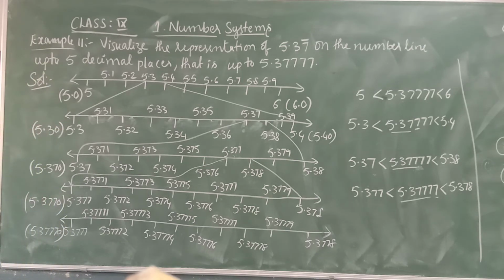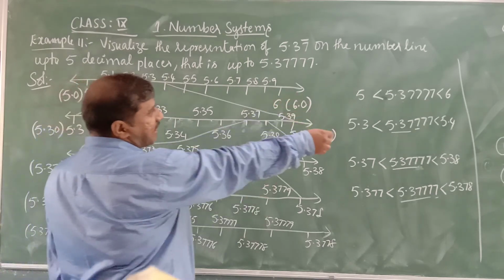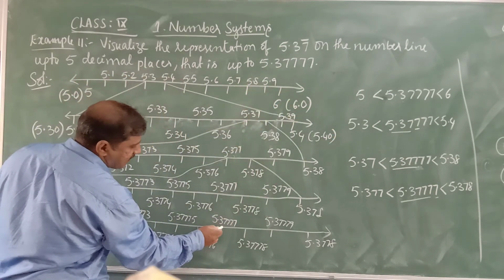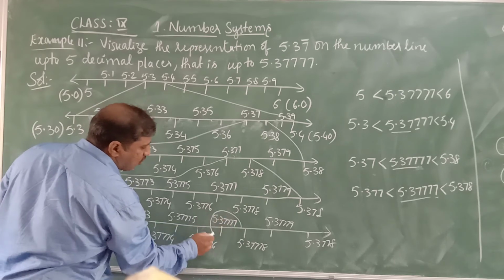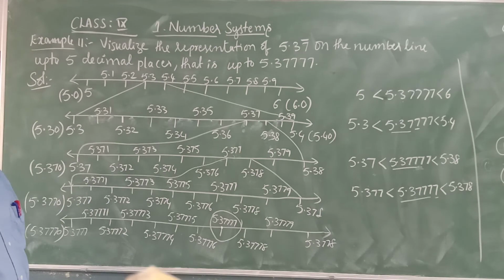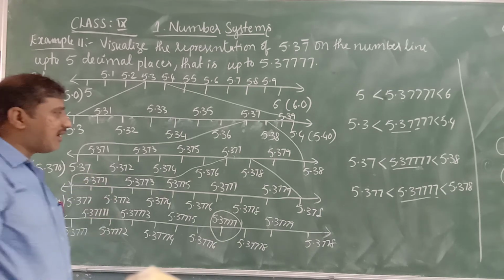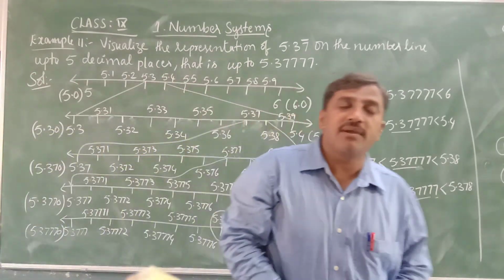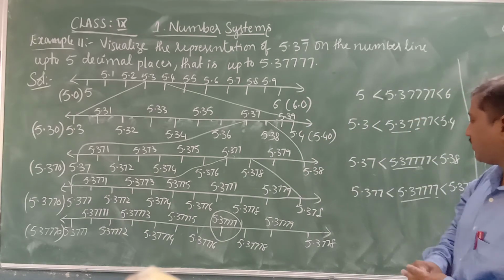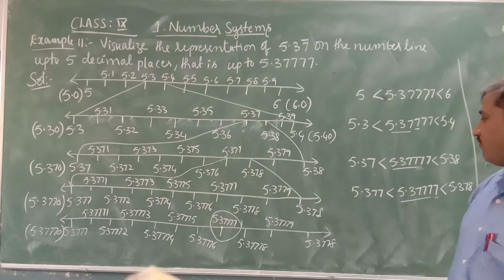Now what is the number which you have to represent? Yes, the number 5.37777. This point will give you the number on the number line. Like this we will represent non-terminating decimals on the number line, and this method is known as successive magnification.